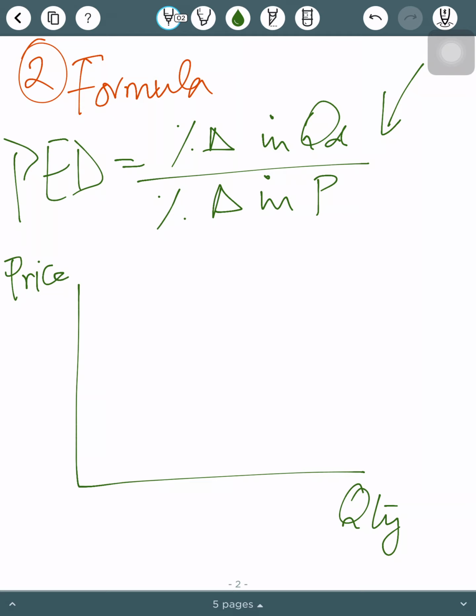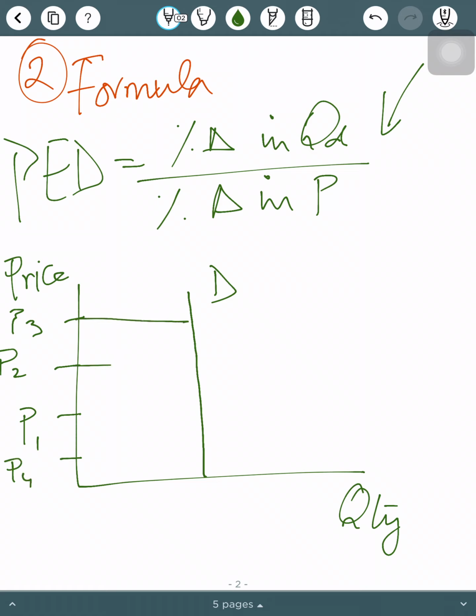So the demand curve, instead of downward sloping the way it is for the normal demand curve, the demand curve for a perfectly inelastic good would be a vertical line. So if we charge this price P1, we raise the price to P2, we raise the price to P3, we lower it down to P4, regardless of the level of price, the quantity demanded remains unchanged. So this is the graph for perfectly inelastic demand.